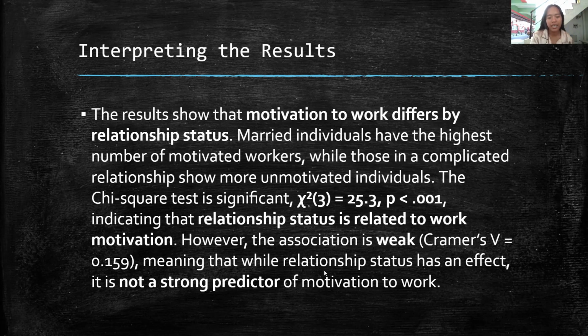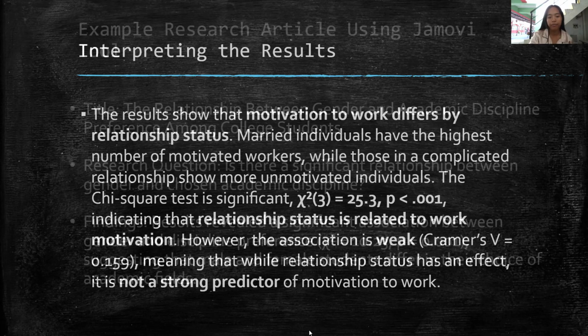The chi-square test is significant, indicating that relationship status is related to work motivation. However, the association is weak, meaning that while relationship status has an effect, it is not a strong predictor of motivation to work. Because not just being in a relationship makes us motivated to work.